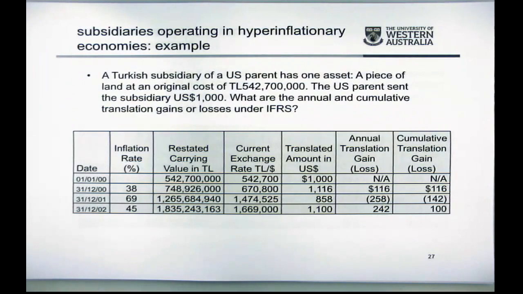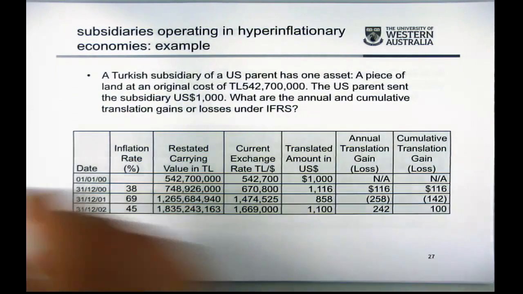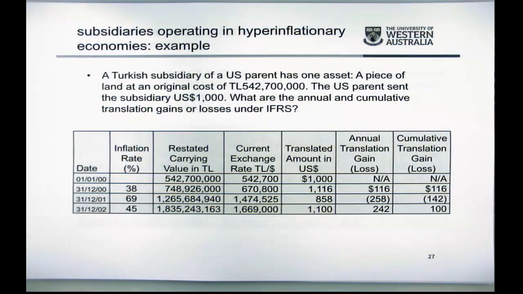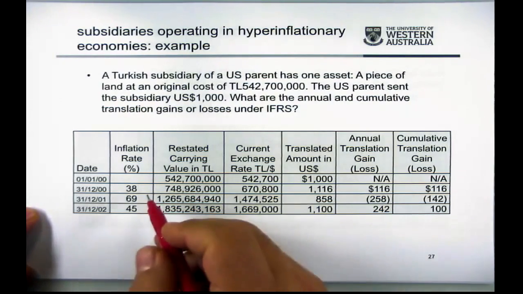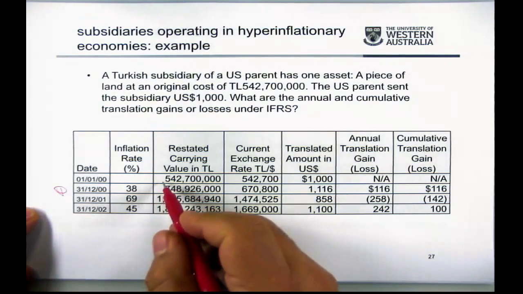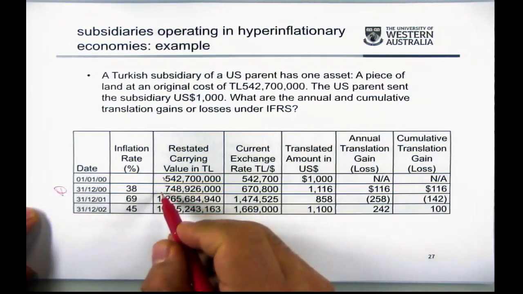According to the IFRS, the International Financial Reporting Standards say that you should restate the statement for the inflation, and after that you translate using the current rate method. If this is the case, then every year, this is in year one, we should incorporate the inflation.